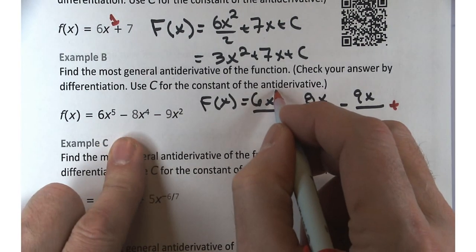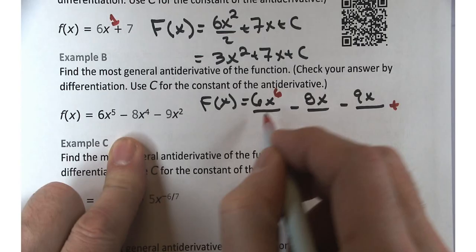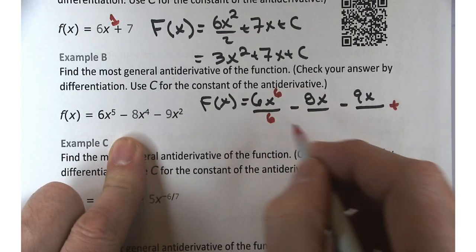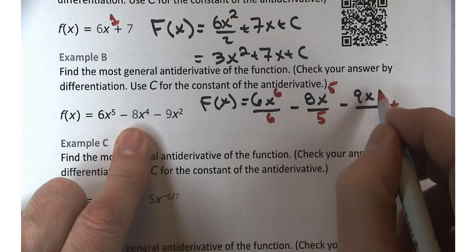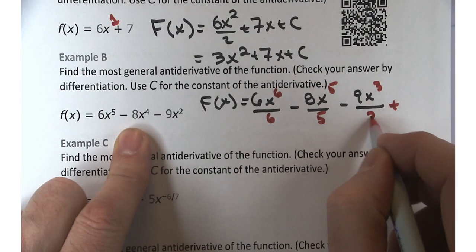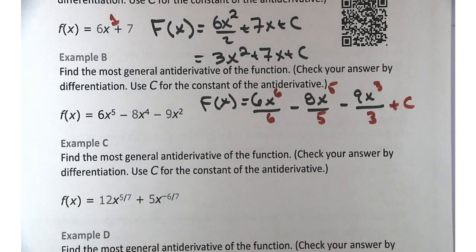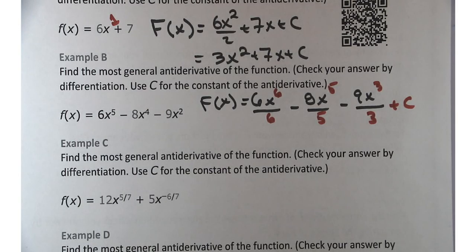So start by always adding 1 to the exponent. So that's going to be a 6 here, and then a 6 underneath here, a 5 here, and a 5 here, 3 and 3. And please don't forget that constant. Even though we abuse them and toss them around and don't treat them very nicely, we still need that constant there, and it's worth a point. Bottom line, it is worth a point.